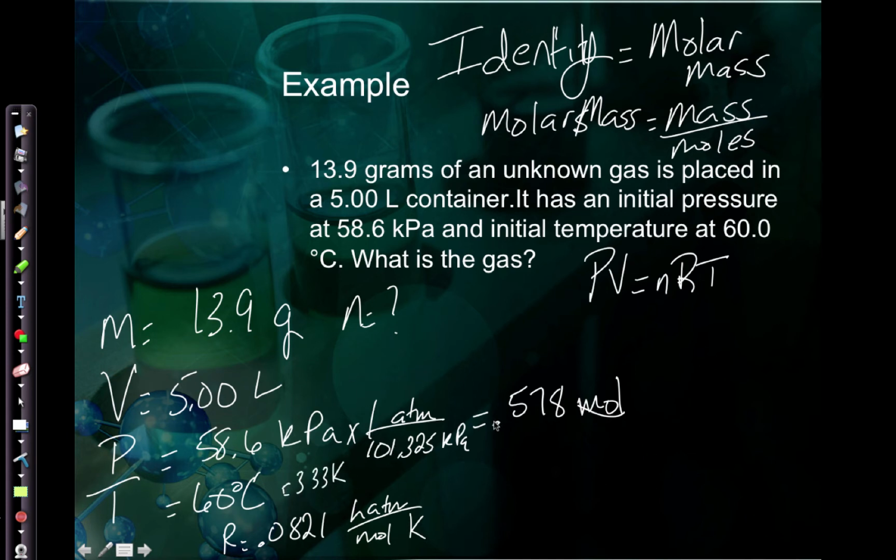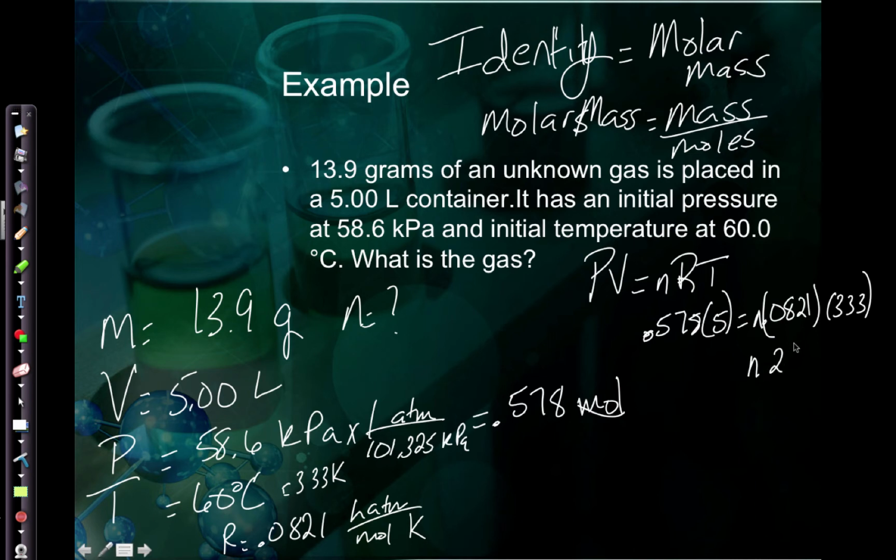Now all my units match, so I can just plug it into the equation and solve for n. My P is 0.578, my V is 5, my number of moles is unknown, R is 0.0821, and my temperature is 333. Now I'm just going to plug everything in.